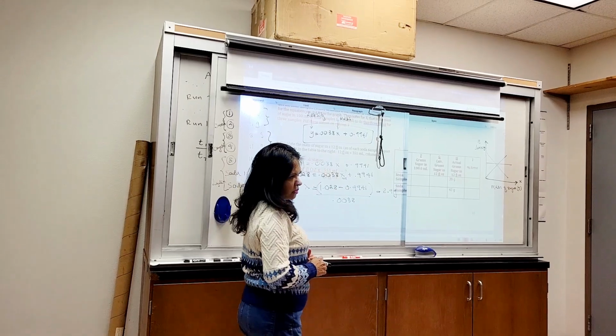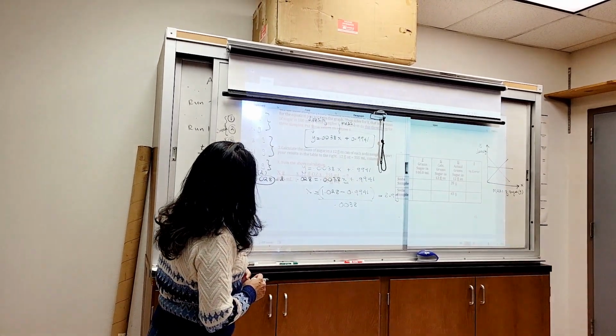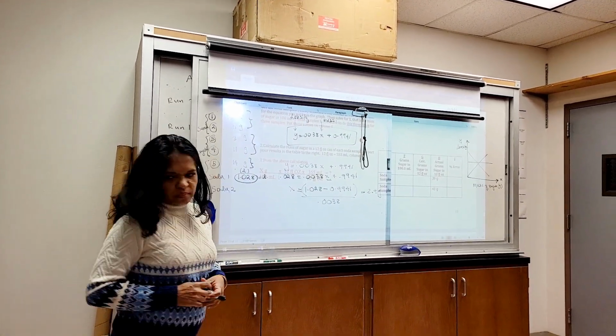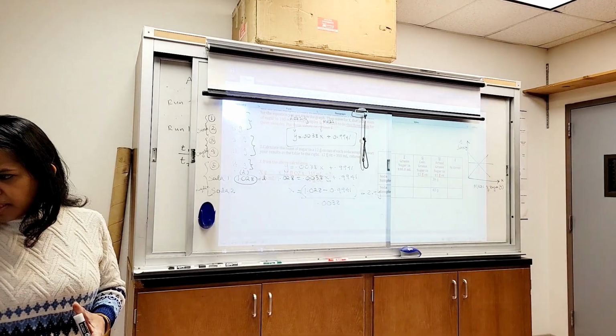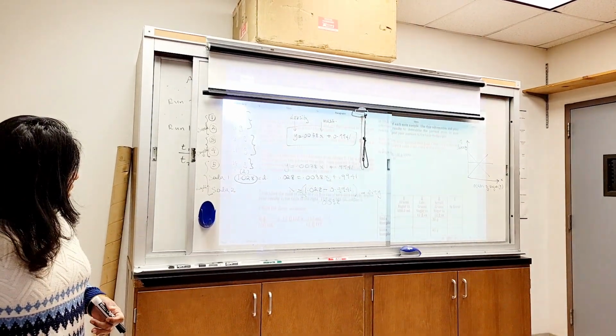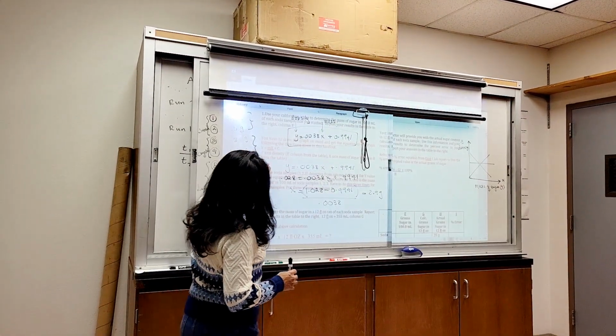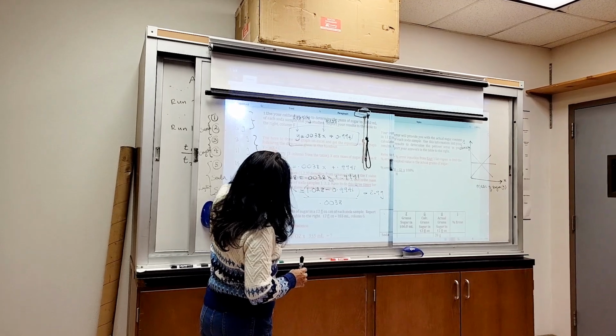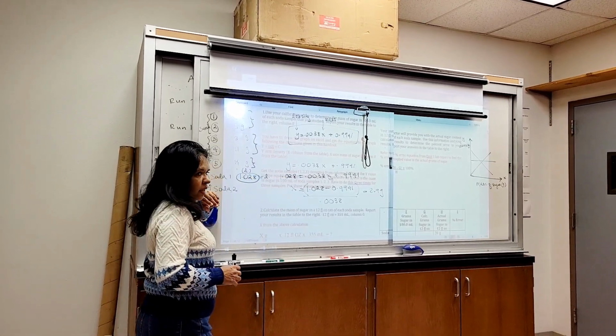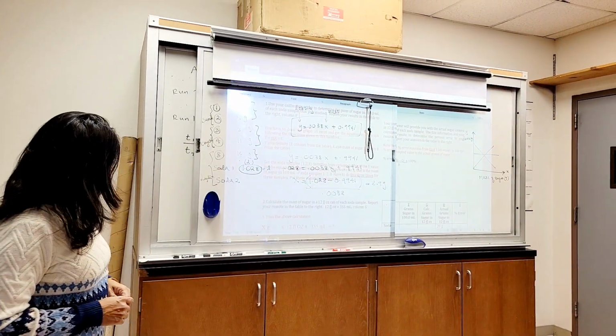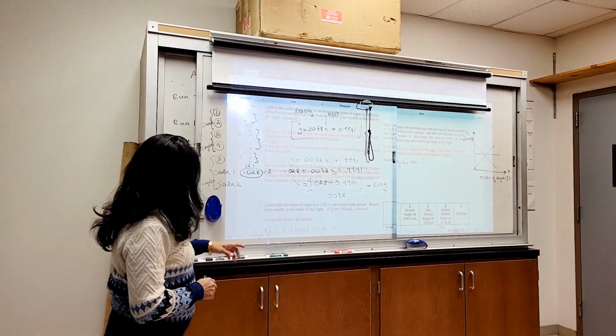In your report sheet, you have to show this calculation in the space provided. In the handout that you are going to turn in, this red information will not be there. Okay?